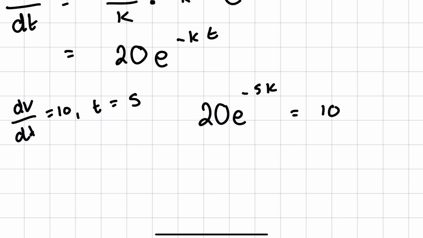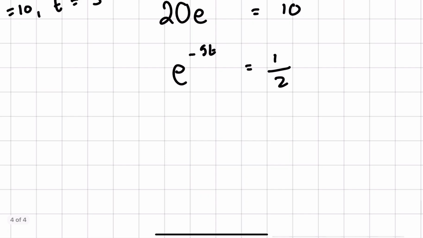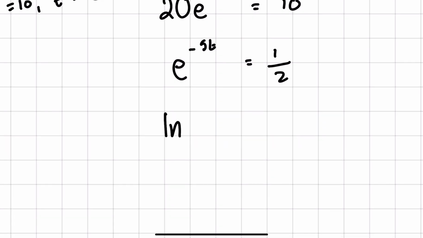So e to the minus 5k equals 10 over 20, which is a half. Let's do natural logs of both sides. Natural log of e to the minus 5k equals natural log of a half.